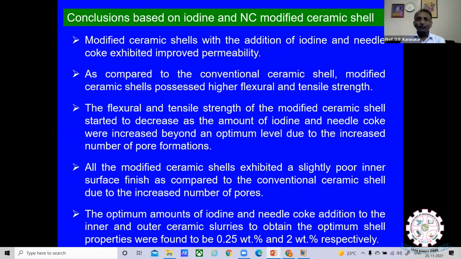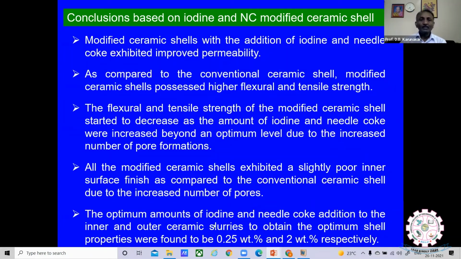As far as surface finish is concerned, the conventional shell is the best. But if we want to improve the permeability, we have to compromise, and the iodine modified ceramic shell with 0.25 iodine is a better choice.